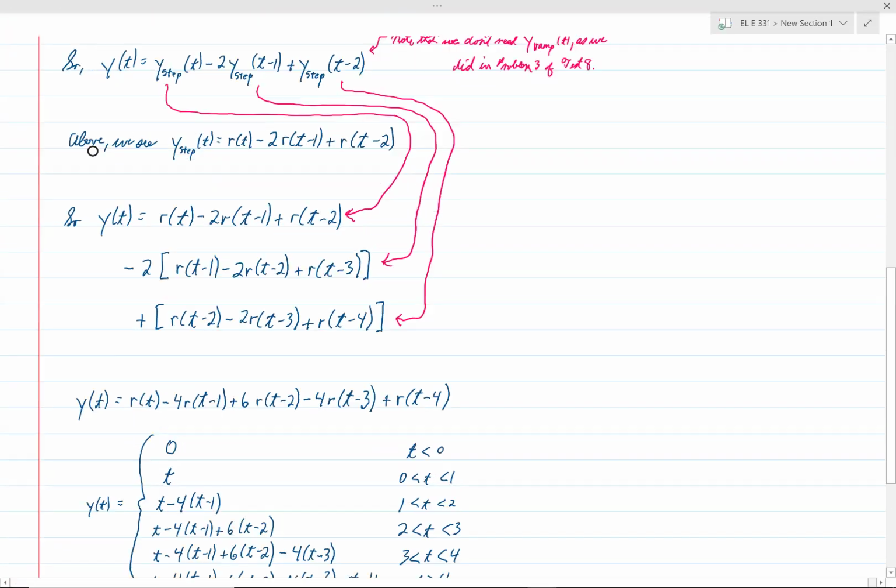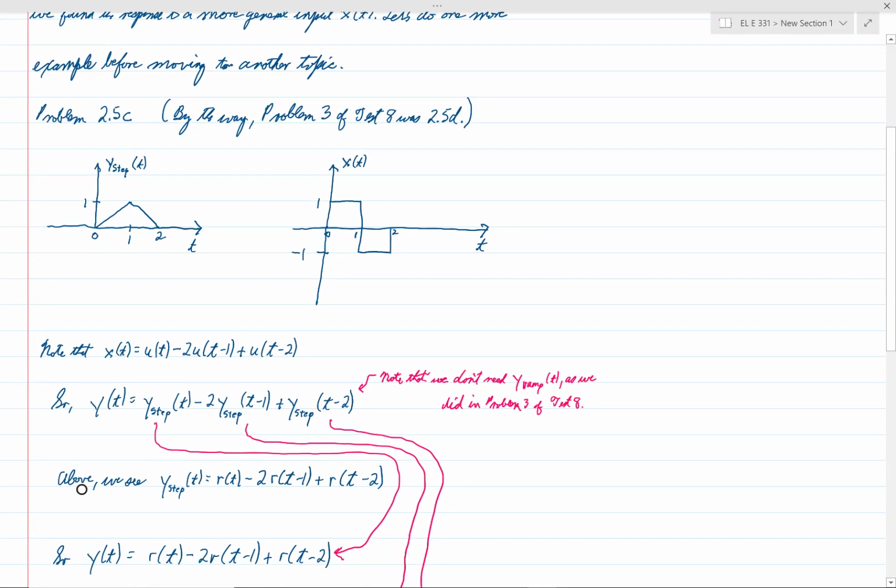Now, you can see that this input does not go to infinity anywhere. Now, we don't have the impulse response of the system, so we can't say that it's not going to infinity anywhere. But if you think about it, since this is the step response, the impulse response would just be the derivative of this, and the derivative is nowhere going to infinity.